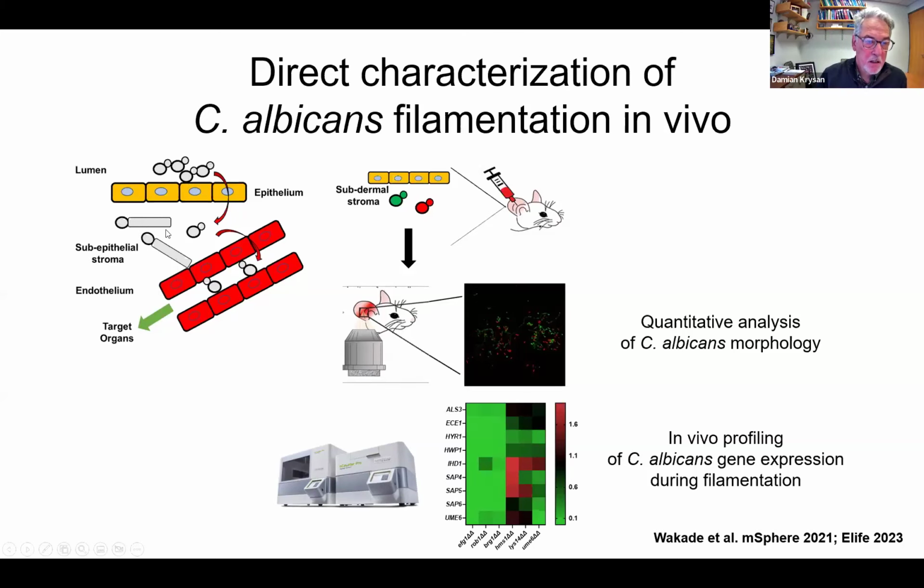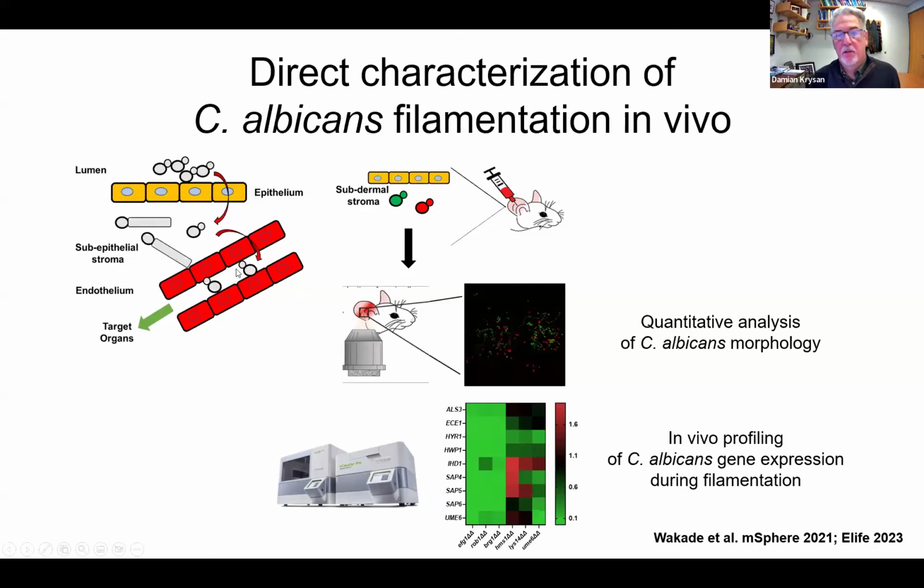In the setting of disseminated disease, the standard model now is that once they've invaded through the epithelium, the Candida gain access to the bloodstream, and if the patient is lacking neutrophils, for instance, it disseminates onto an organ.